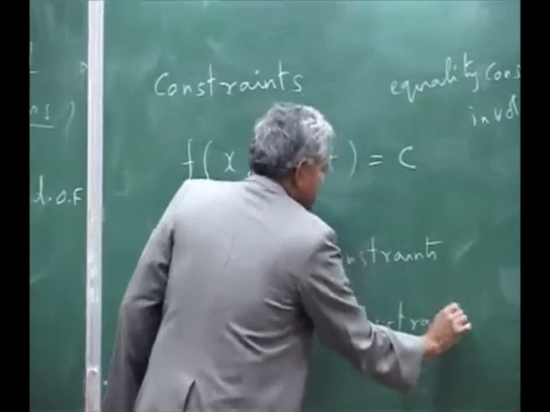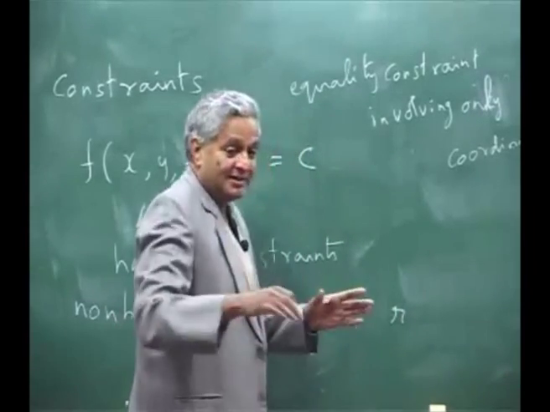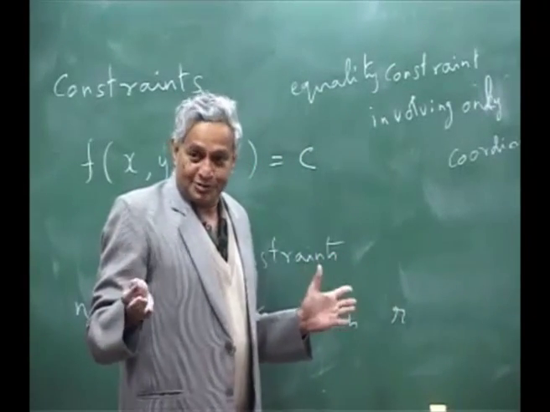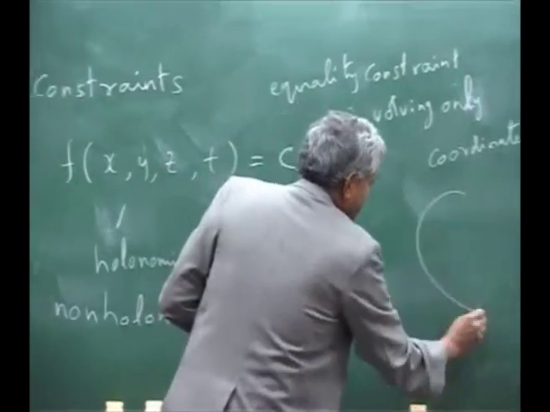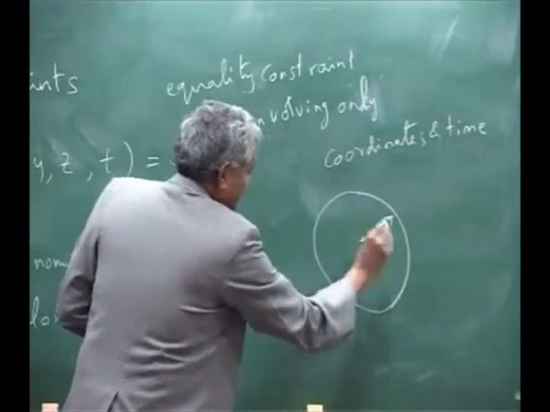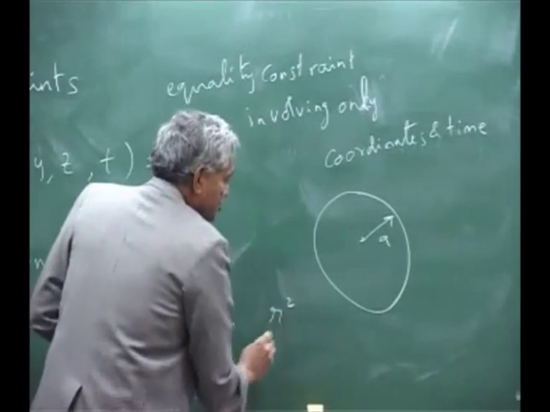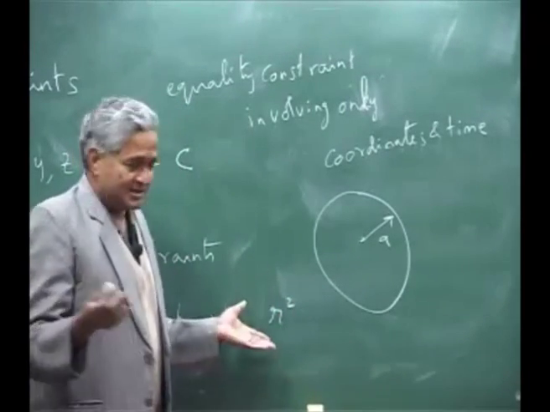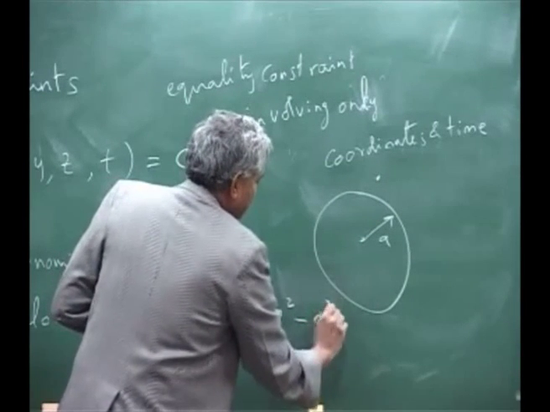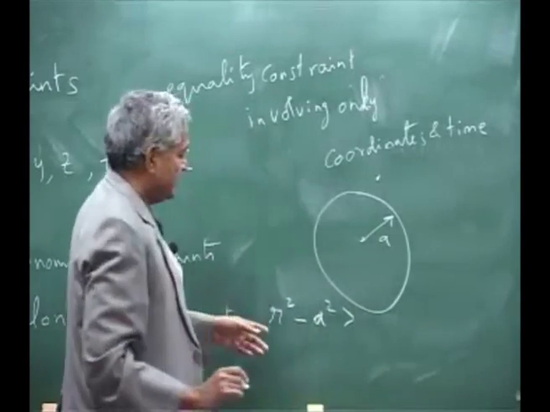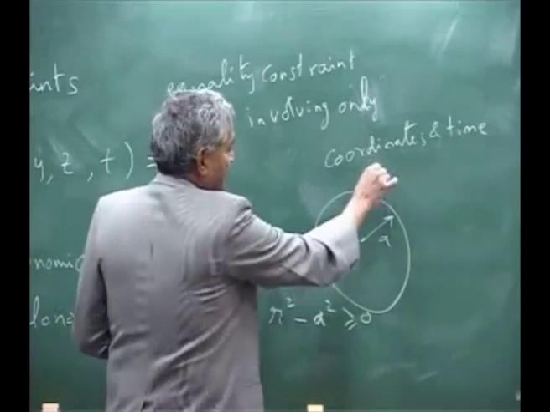One example which they say is a particle at position r, which should always be within some bound. That means, if it is a sphere of radius a, you can say r should always be outside, greater than a, so it can only come up to the boundary, and that means the particle can never come inside.